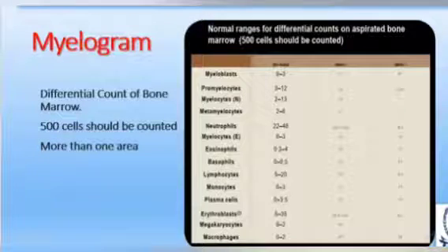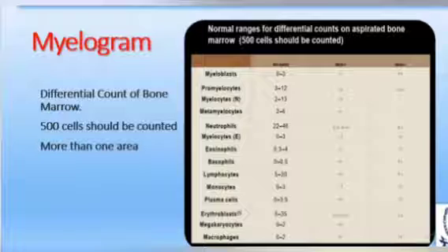Now, what is a myelogram? You know about the DLC, that is differential leukocyte count. What is DLC? You are looking at 100 cells under the microscope for a peripheral smear. And what is a myelogram? Now you are performing a differential count of all nucleated cells in the bone marrow.